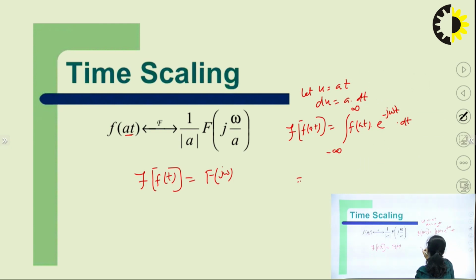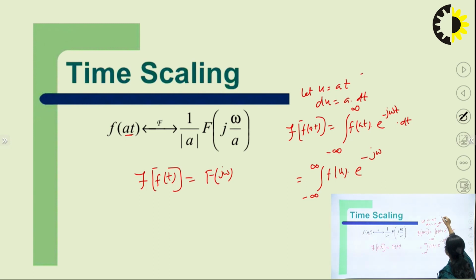See here, so it is minus infinity to infinity f(u) e to the power minus jω, in place of t you can write u by a, and in place of dt you can write du upon a. Okay, so simple.